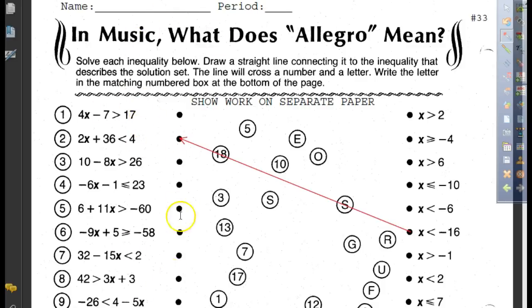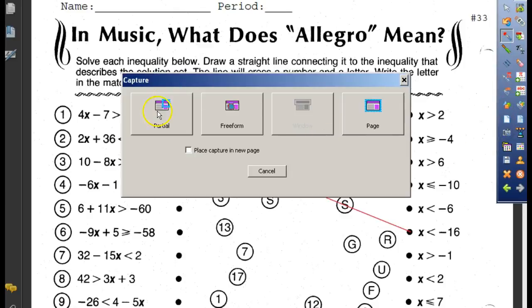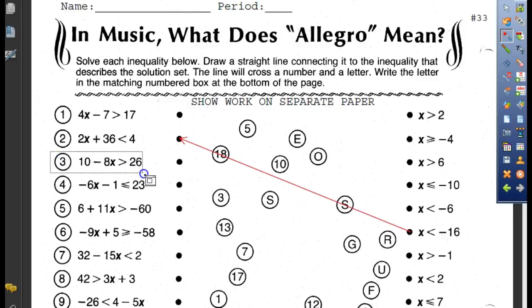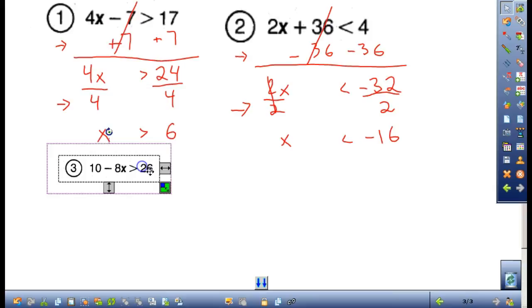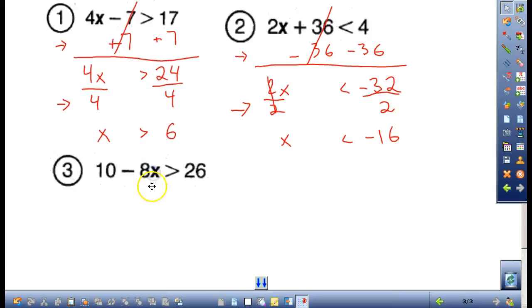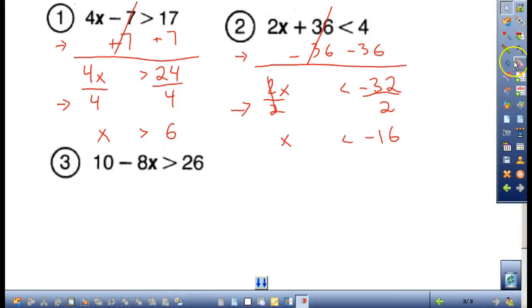Okay, let's do number 3. Now there's something important on number 3 we have to talk about. Let's see if you guys can remember. So here's the variable, so we got to subtract.